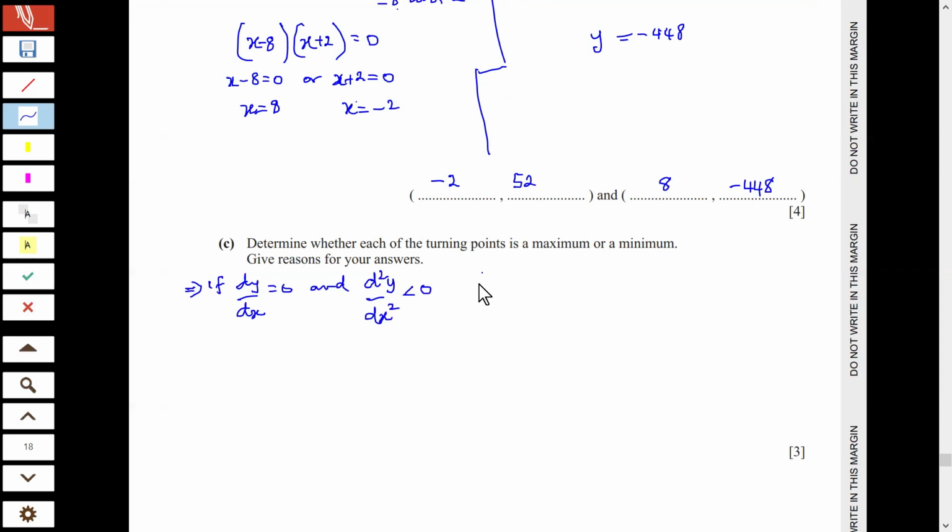The second condition states that if dy/dx is equal to 0, and the second derivative, d squared y over dx squared, is greater than 0, then the turning point will be declared a minimum.